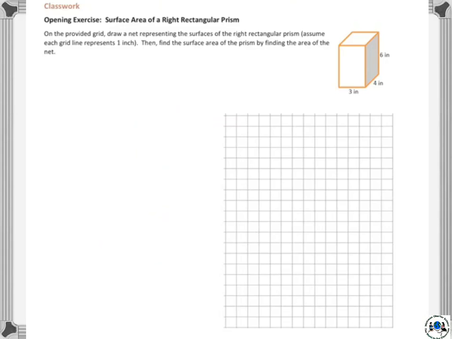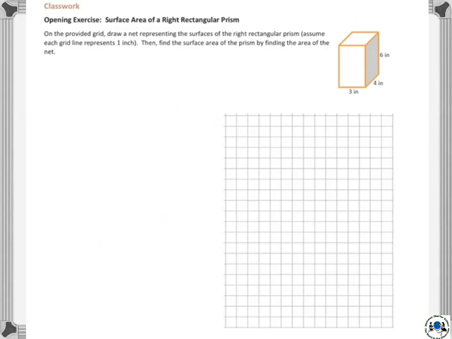All right, so let me read this to you. It says, on the provided grid, draw a net representing the surfaces of the right rectangular prism. Assume each grid line represents 1 inch. We're talking in inches, as is also represented by that drawing.